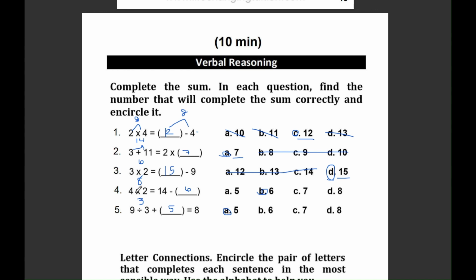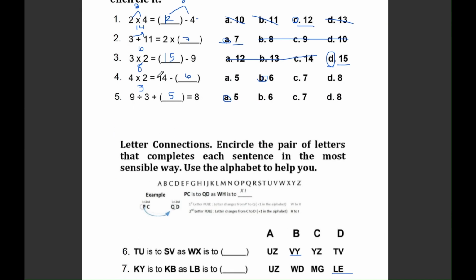Number 4. 4 times 2 equals 14 minus blank. Options: A. 5, B. 6, C. 7, D. 8.